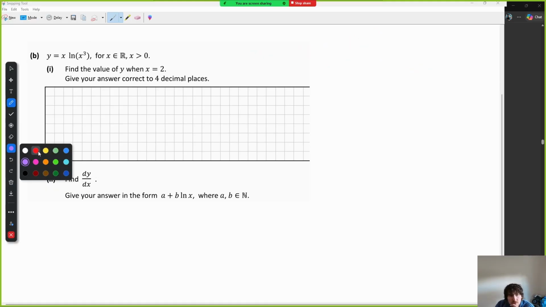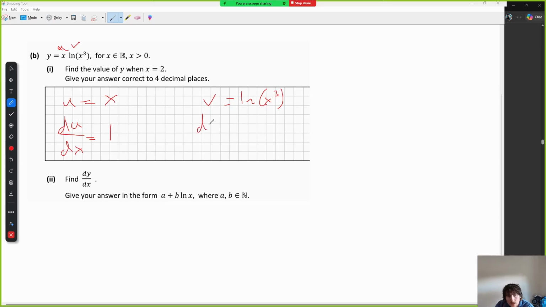So what we'll do here is we'll use a product rule. We'll call that u and we'll call that v. So, be neat for the examiner, u is x, v is ln x cubed, du/dx is 1, dv/dx. Now what's the derivative?